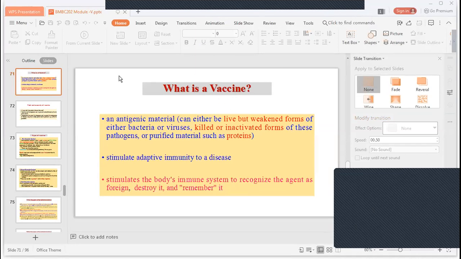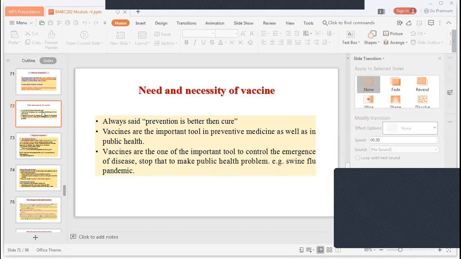The requirement is that we all know prevention is better than cure. So vaccine functions as an important tool in preventive medicine, as well as in public health.